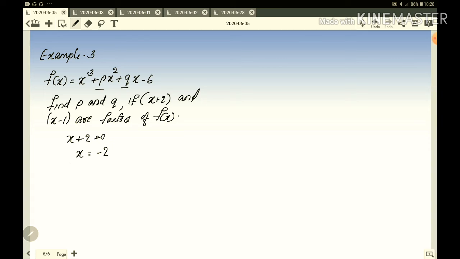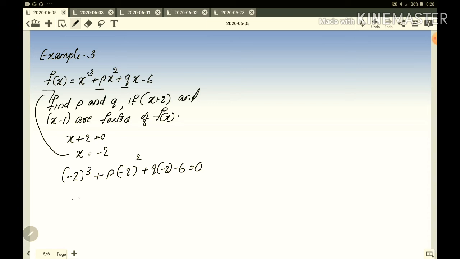So I am substituting minus 2 here: minus 2 cubed plus p times minus 2 squared plus q times minus 2 minus 6 will be 0. I know that because it's a factor, there will not be any remainder.